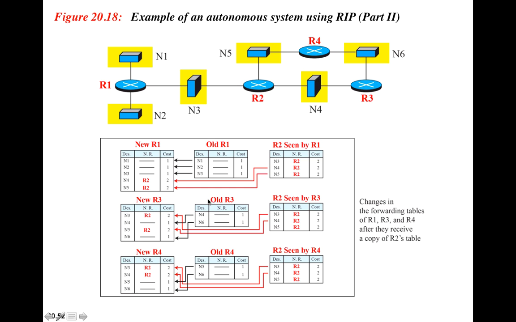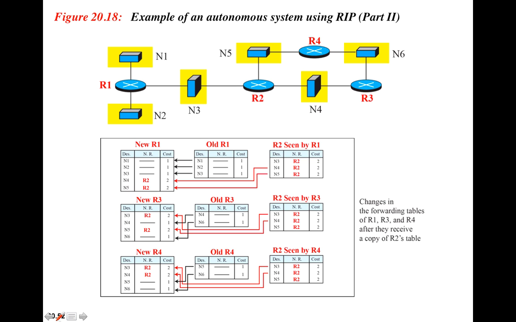Now, similarly, we have the same thing repeated for R3 when it sees R2. So it has N4 and N6 already, and it was now getting the values for N3 and N5. Sorry, N3 and N5. It's not N4 it's getting the values for.